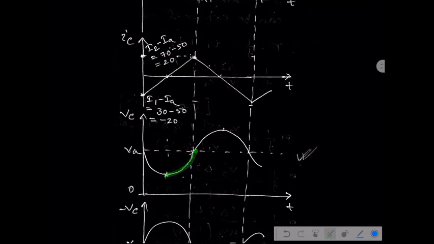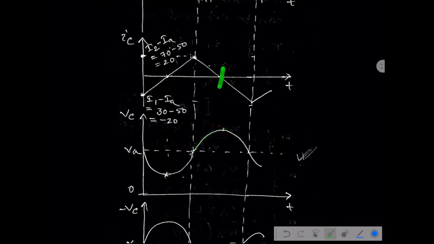Now consider the next part, this duration. Again, due to the presence of the inductor, the current gradually decreases from 70 ampere to 0 ampere. Still, the capacitor is in charging mode because this excess current is delivered to the capacitor. That is why the capacitor voltage still increases on the positive side.